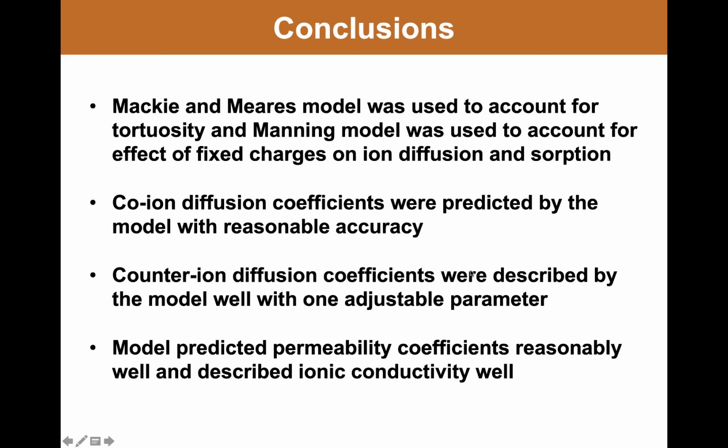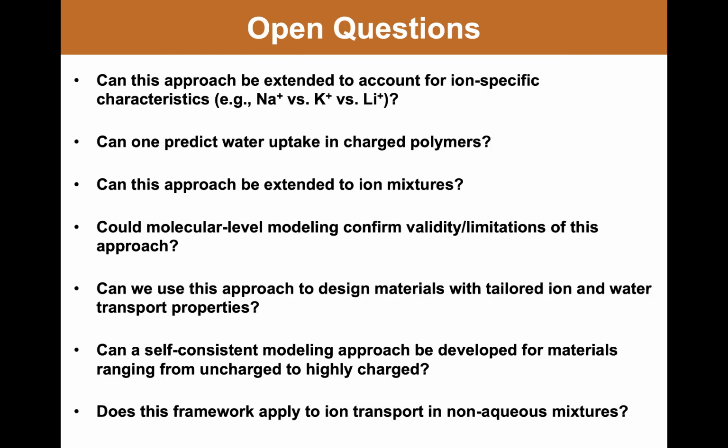At this point, we can describe those counterion diffusion coefficients with just that one parameter, and that allows us to actually predict salt permeability coefficients, and using the same parameter values be able to describe ionic conductivity. Now, there are open research questions around this approach that are not resolved. The Manning model treats all ions as just point fixed charges.